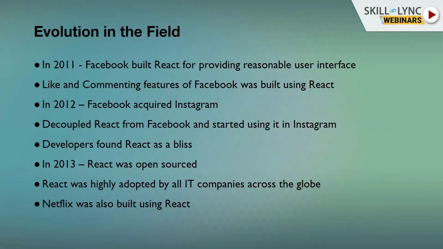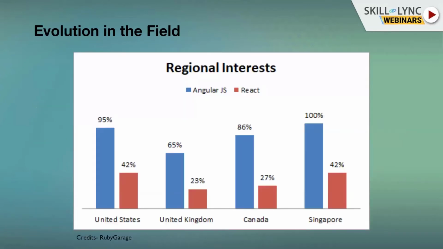And if you go to the next slide, you can see the learning curve. This is the reason I mentioned regional interest for Angular and React. There is a minor change where Angular is being replaced by React.